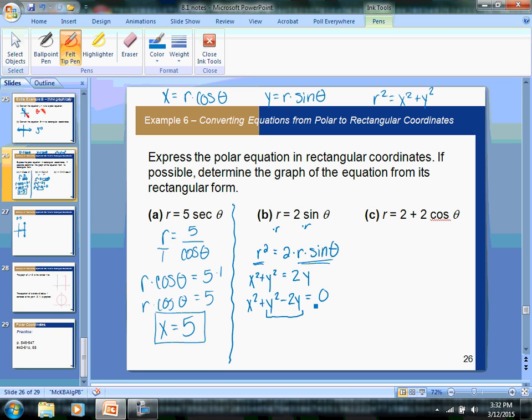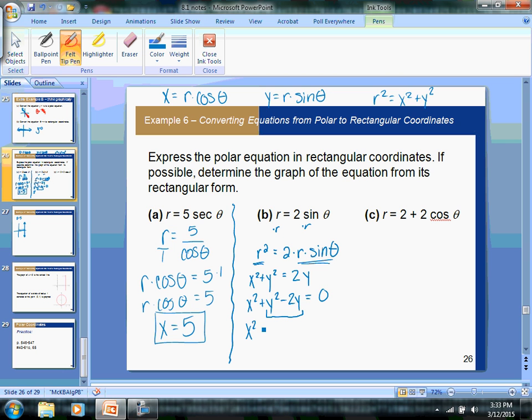Now, I can do something with these y terms. And you have to kind of remember way back to your factoring days when we were completing the square. Because I have an x squared term, so this is kind of like x plus 0 squared. But these 2 terms, if I took that binomial and completed the square, I could make it into a perfect square trinomial. So I'm going to take half of the 2, which is 1, and square it, which is 1.